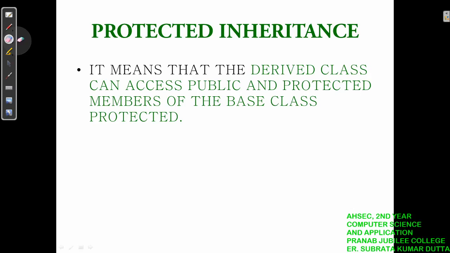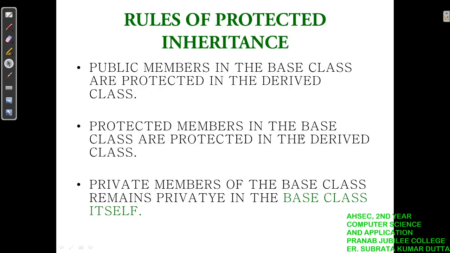So those members in the base class whose access specifier is public and protected, both of them will become protected. Okay, so let's see the rules, it will be clarified.